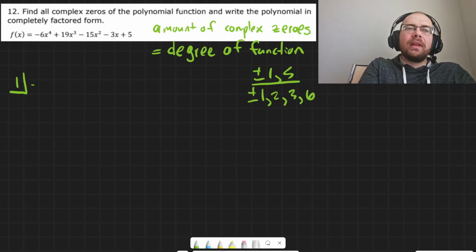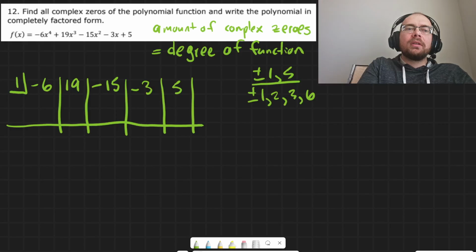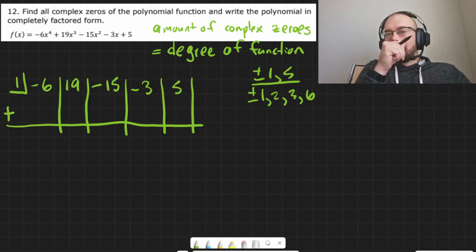I'm going to pull out the coefficients. And I like to put little bars here. I don't see a lot of people doing it this way, but I kind of like it because that way I don't get any number confused with any other number. And there we go. And I like to put a little line here too, because I'm going to be adding going down.